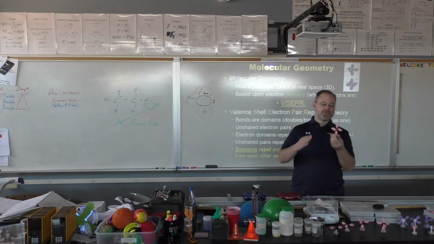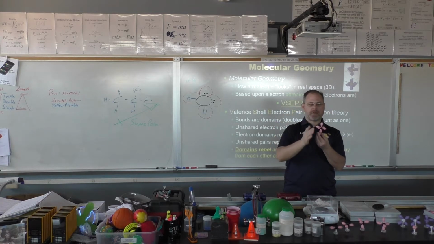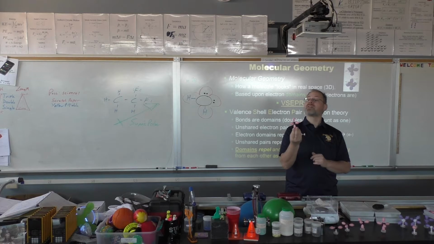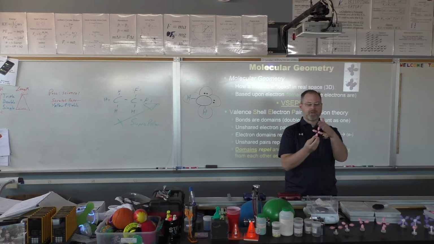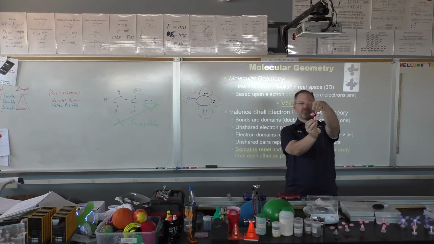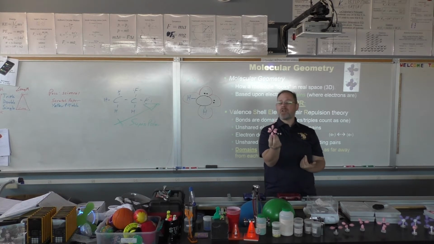So this gives you a pyramid on top and a pyramid down below. So rather than calling it square pyramid by pyramid or something, they just call it octahedral because it makes an octahedron, an eight-sided device. And you kind of see how there's a side there, a side here, a side here, a side here. So if you have six vertices, you have an octahedron or an octahedral configuration.